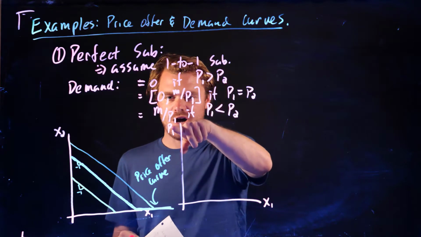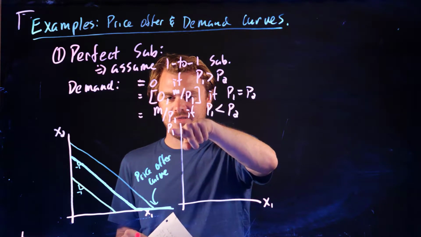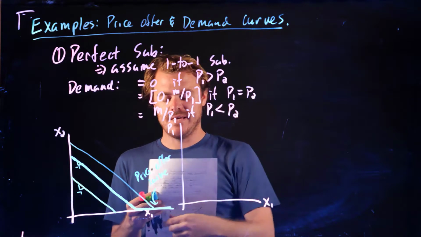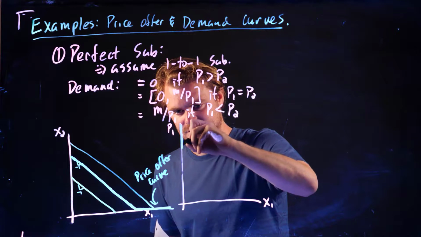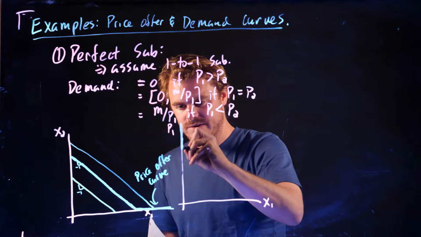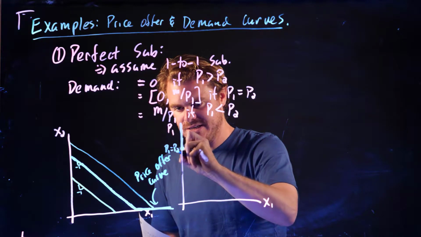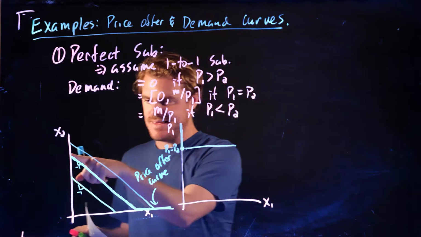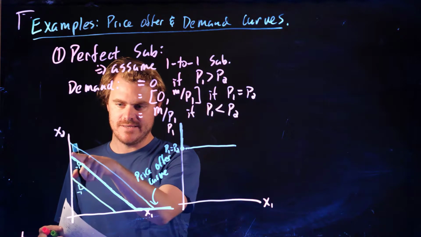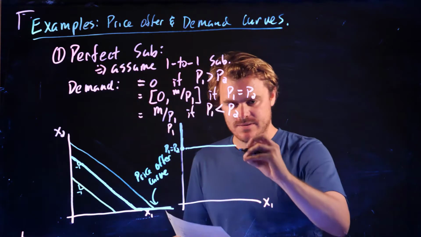And so if we want to draw our demand curve for this, at any price above P2, we're going to have 0 quantity demanded of good 1. This is P1 equals P2. As soon as it equals P2, we could consume anything between 0 and m over P1.